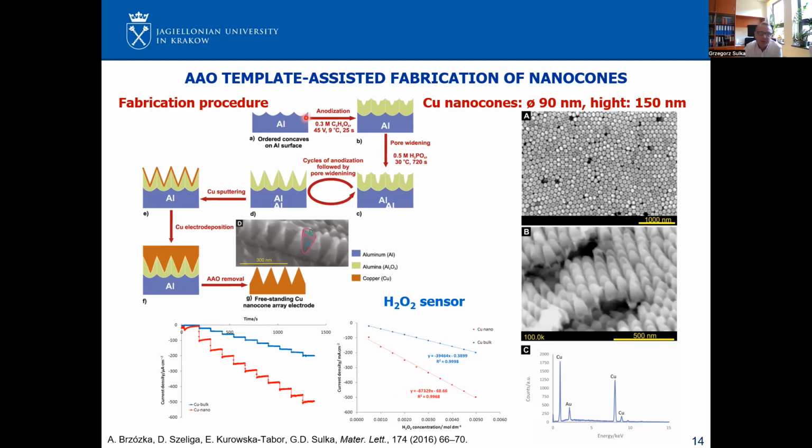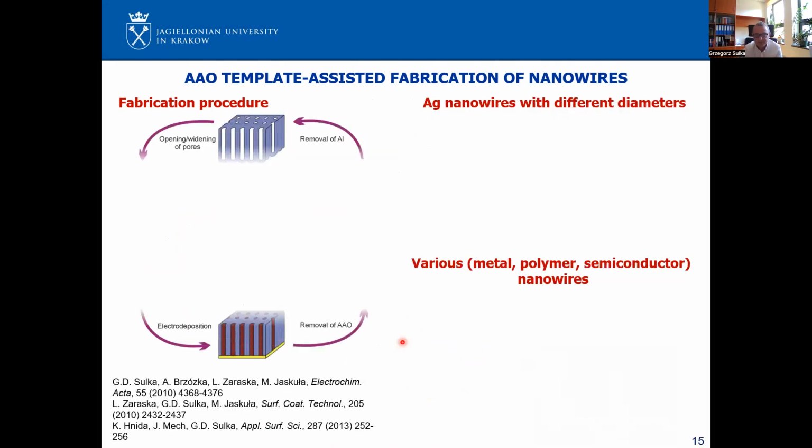We used alternating anodization and chemical etching processes to form a template with conical-shaped channels, and then we sputtered and deposited copper, and we obtained copper nanocones with a diameter of about 90 nanometers and height of 150. Top and side views you can see here, and we used it as an electrochemical sensor for sensing of hydrogen peroxide, and there are some examples of that.